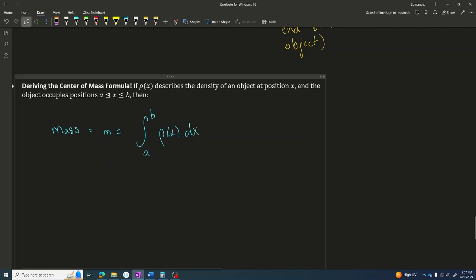Integrate from your smallest x value to your highest x value, density function rho of x dx.